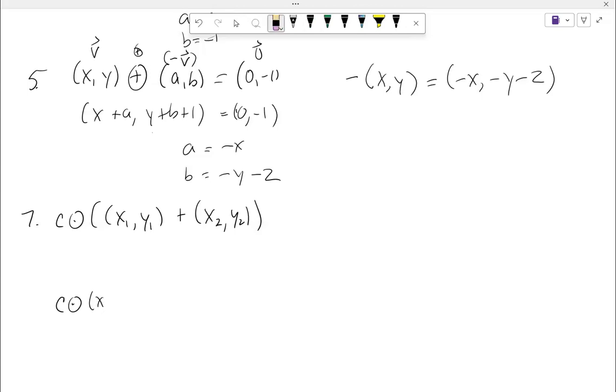And then does it distribute over addition? Again, what do we do first?